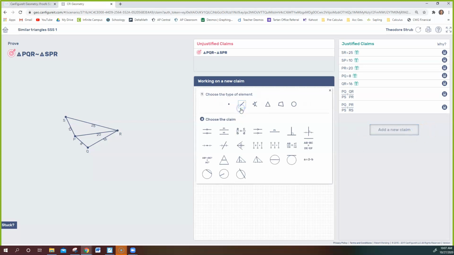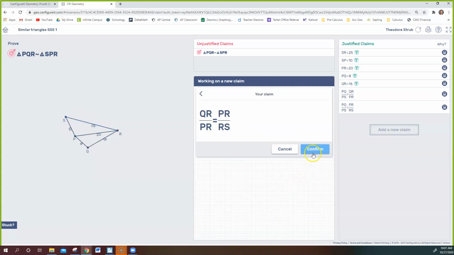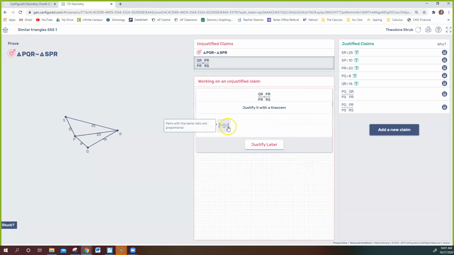So then I'm going to go back, and I'm going to compare the medium side, QR, to the medium side on the top triangle, which is 20. So that's medium to medium. And now I have to compare the large side of the bottom triangle, which is 20, to the large side of the top triangle, which is 25. So confirm, same thing.